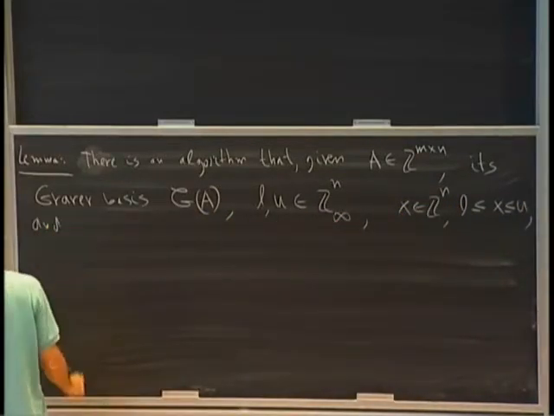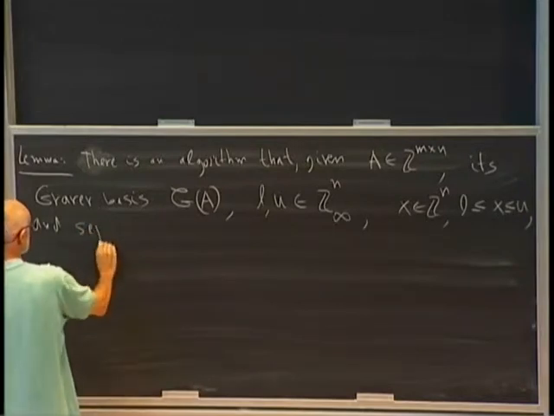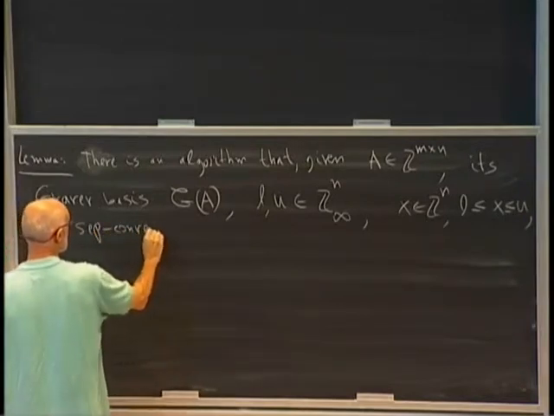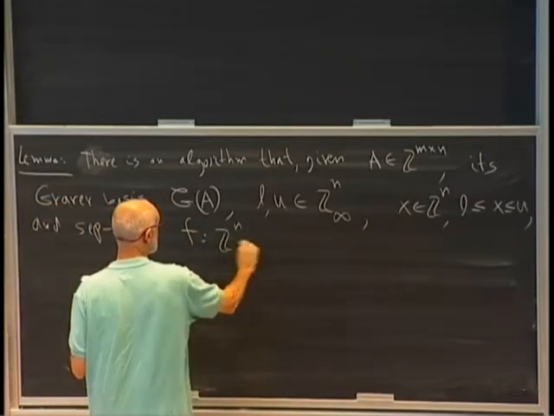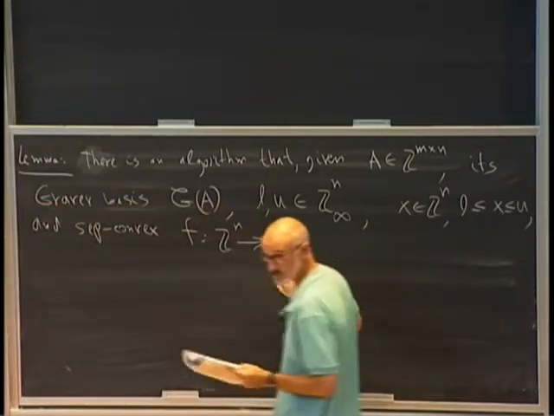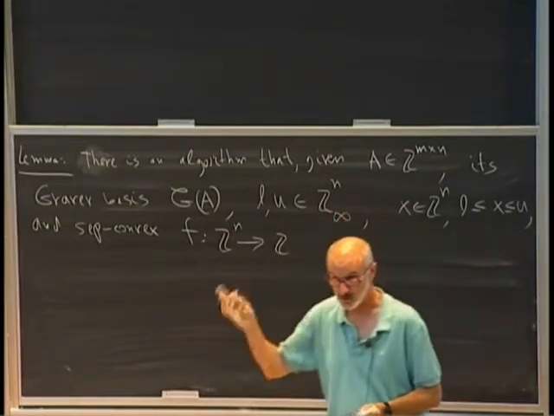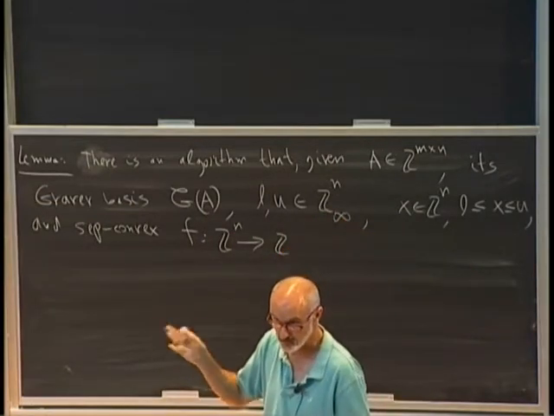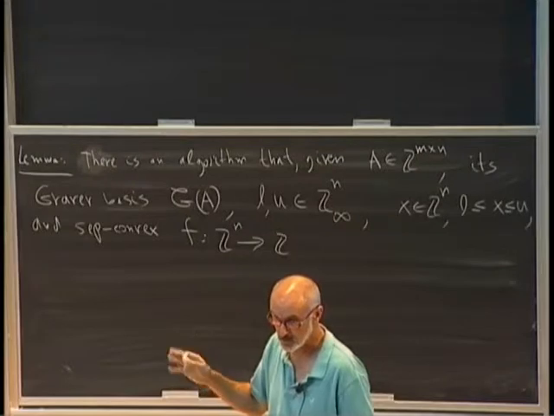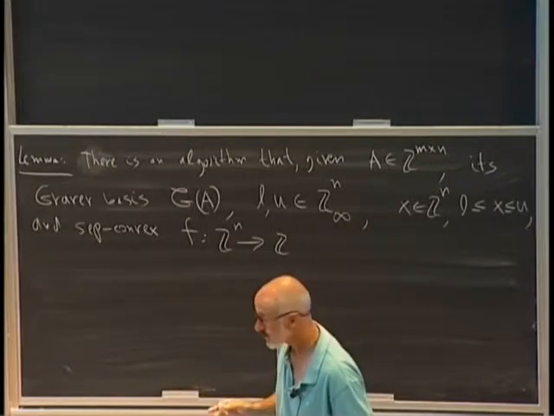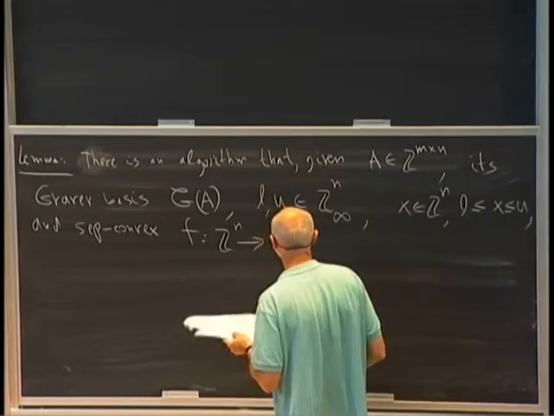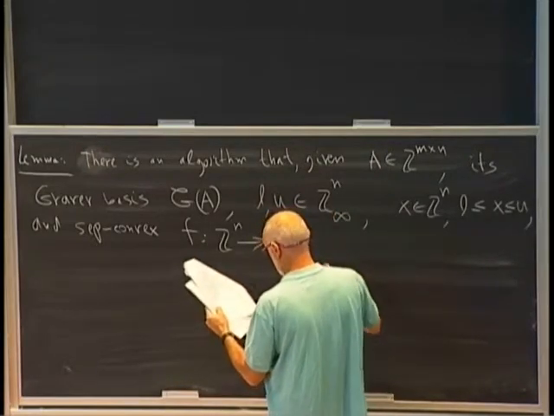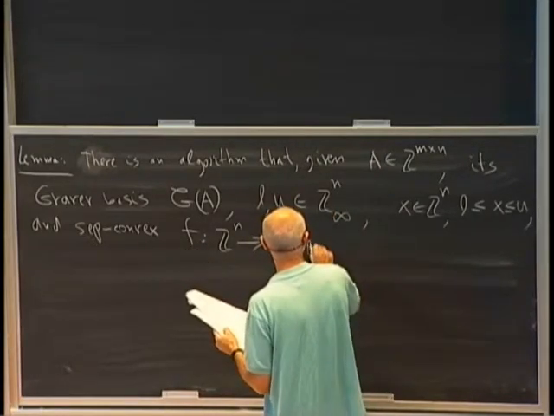And a function, which needs to be separable convex, f, defined on Z, taking on integer values. That's important. If it takes on rational values, we just scale it up, so it's not a big deal. It's not going to affect the comparison oracle; the function is presented by a comparison oracle.